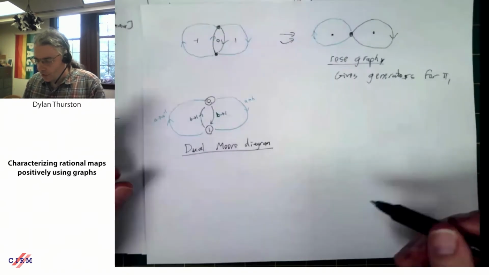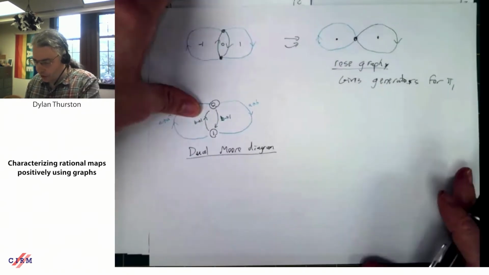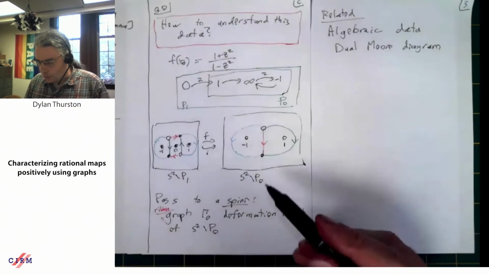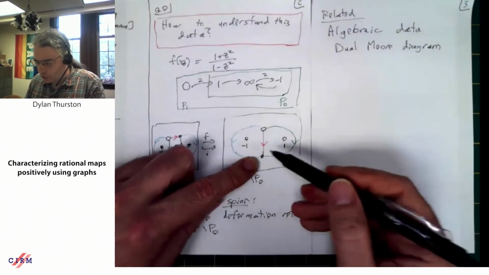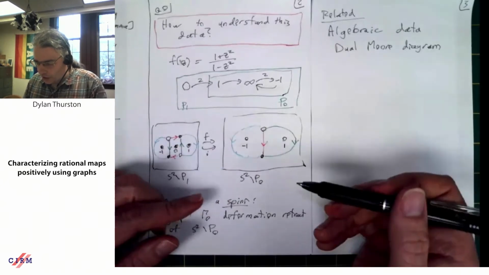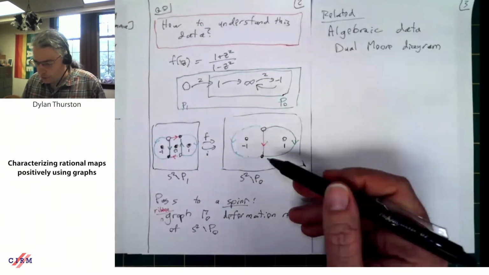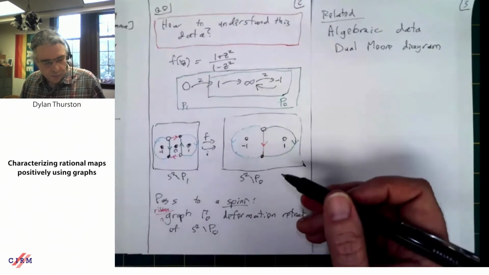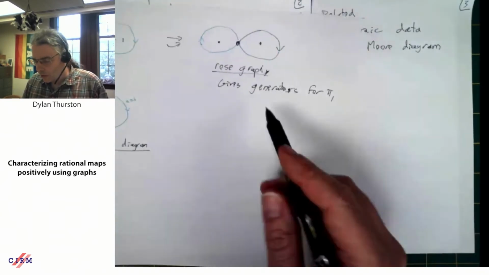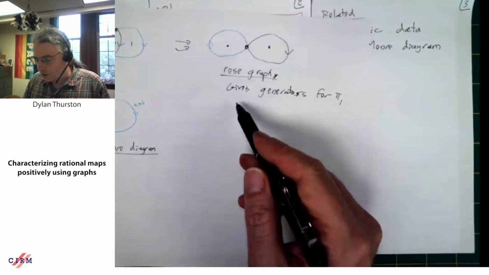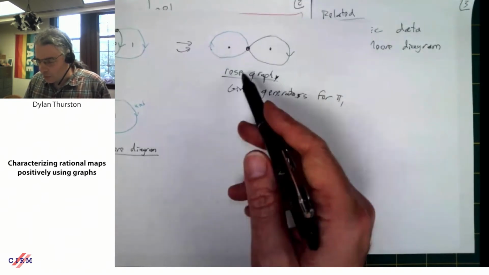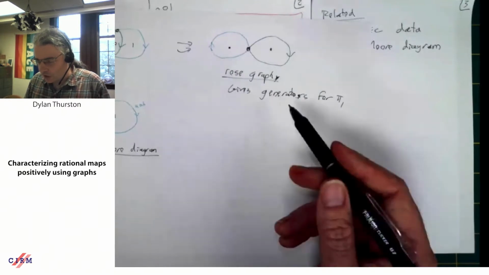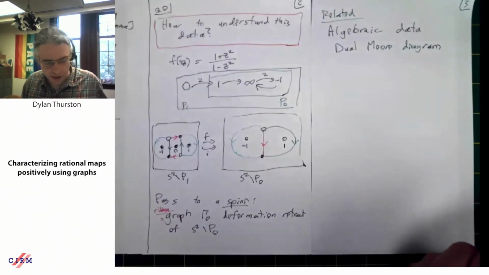And on the one hand, the graphs we're considering are a little more general because I could have 2 vertices and not just 1. I didn't need a rose graph. And on the other hand, thinking about it algebraically in terms of bisets is more general because I only get certain generating sets for pi1 thinking about it this way. And for instance, I couldn't get an embedded spine and have redundant generators, and that's perfectly fine from the algebraic point of view.